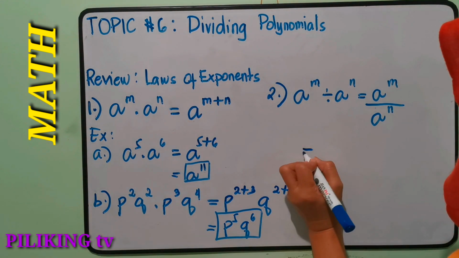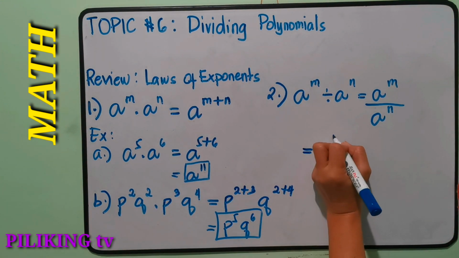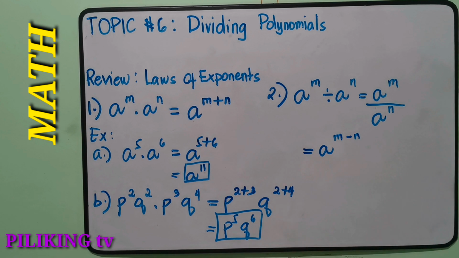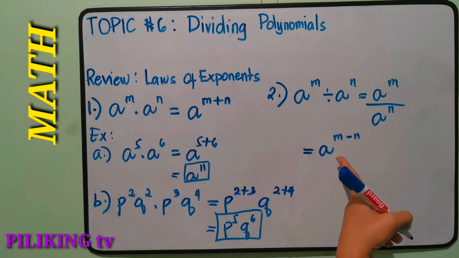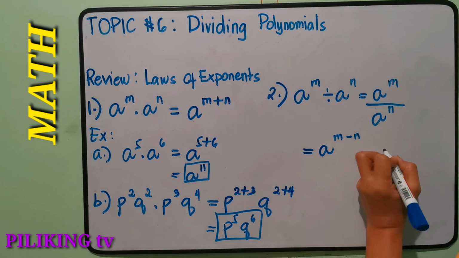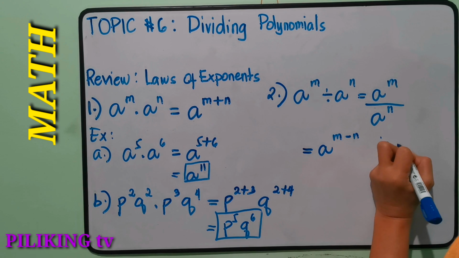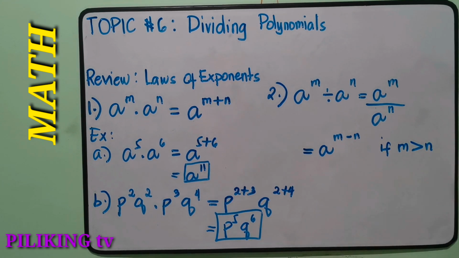So that is equivalent to a raised to m minus n. But there are cases here in dividing having the same base. So a raised to m minus n if m is greater than n.